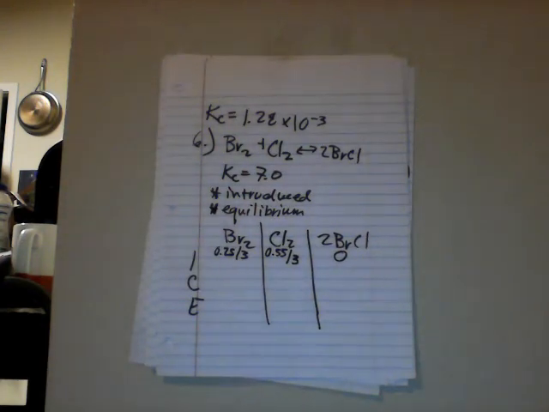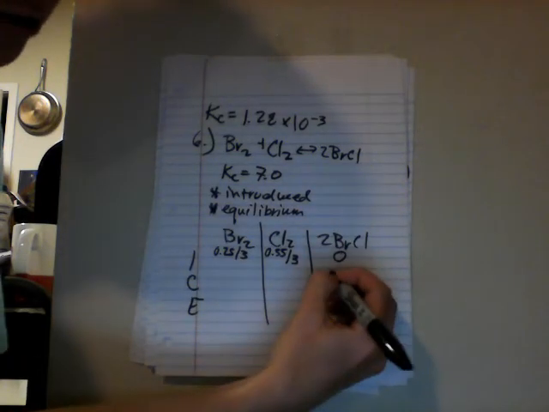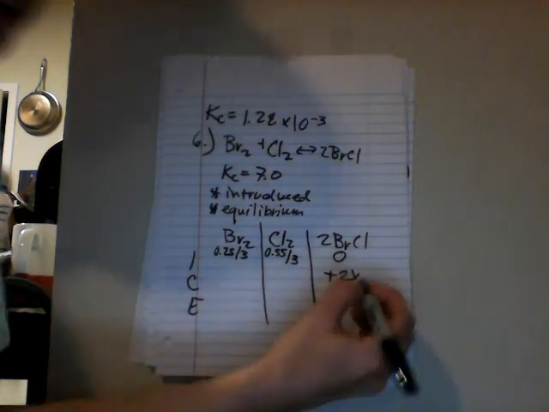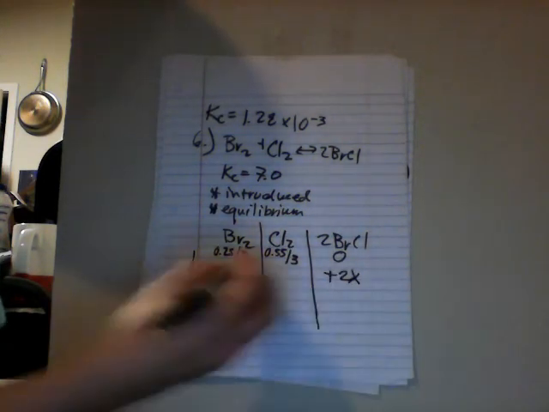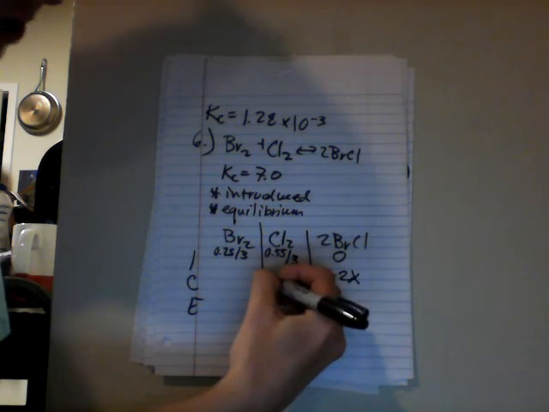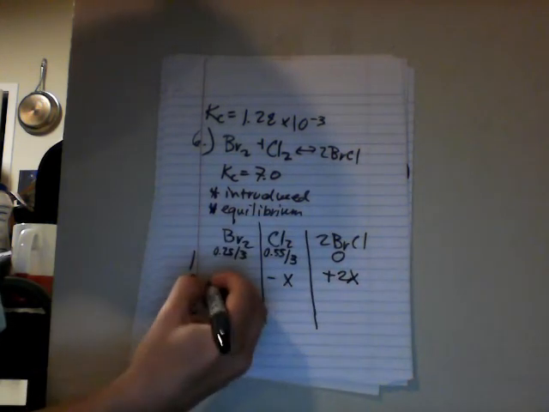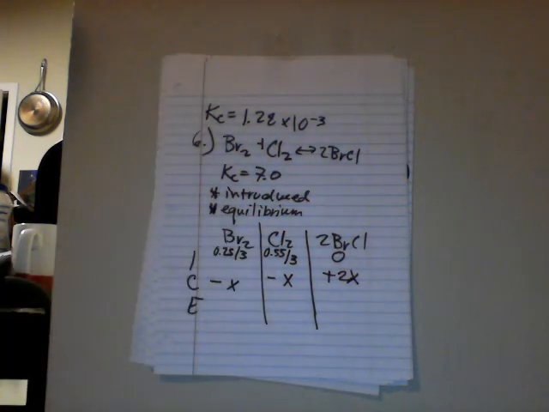Now we're going to set up the change like we did before. We use the coefficients out front. Everything on the product side will be a plus, and everything on the reactant side, since we're getting rid of it, is going to be a minus. There's no coefficient out front there, and there's no coefficient out front there, right? So that's what my change is going to be.